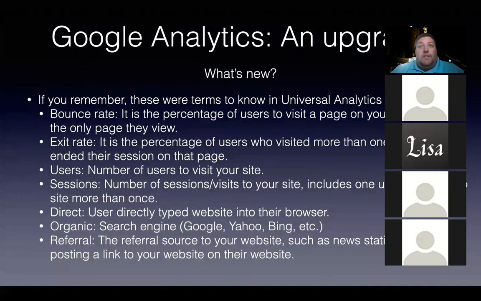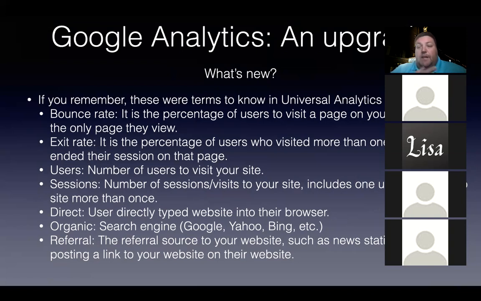So what else is new? If you remember, these were terms to know in Universal Analytics, or GA3. Bounce rate was the percentage of users who visit a page on your site, and that's the only page they view. Exit rate was the percentage of users who visited more than one page and ended their session on that last page.